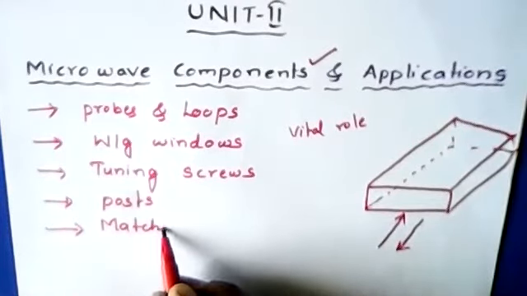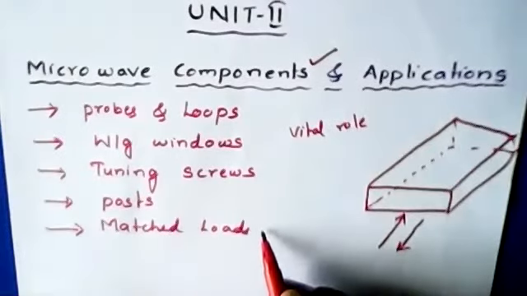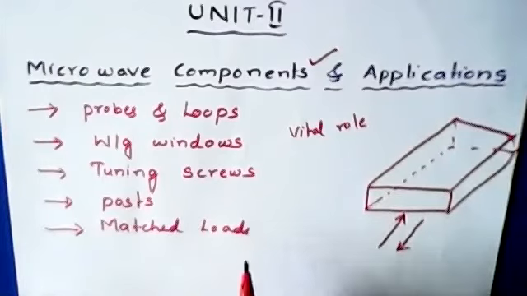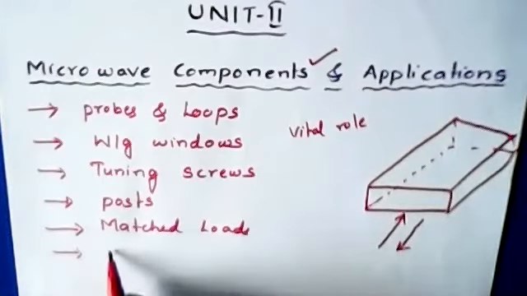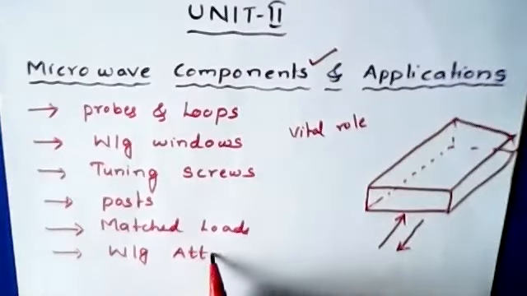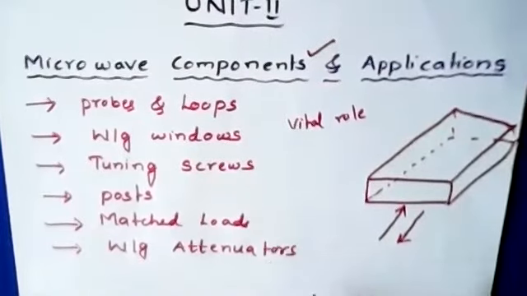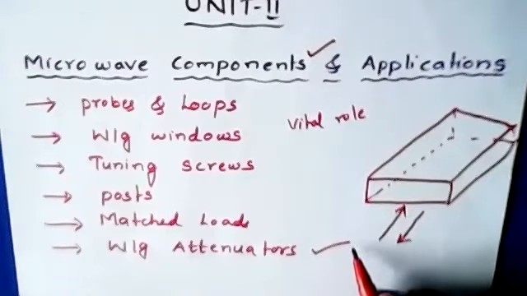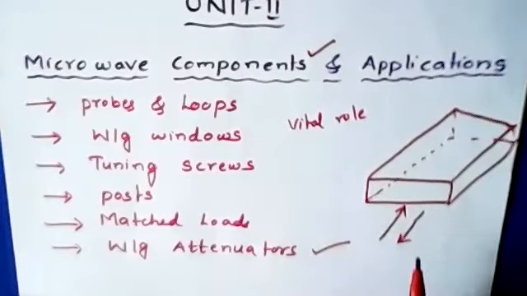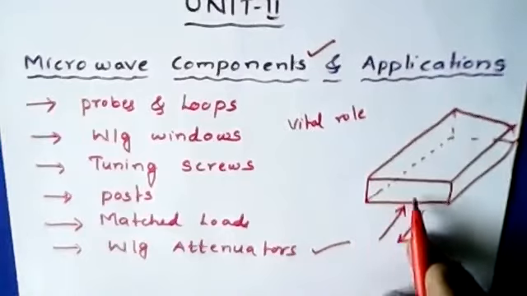Then we have matched loads, whose functionality will be different. Then waveguide attenuators. According to requirement, to attenuate the signal, we make use of these waveguide attenuators, which are placed in the waveguide to attenuate the required signals.